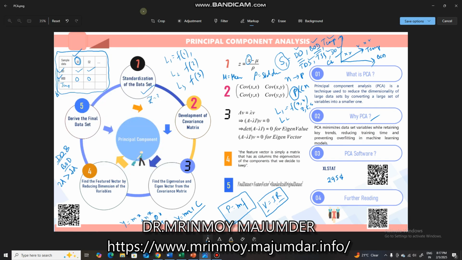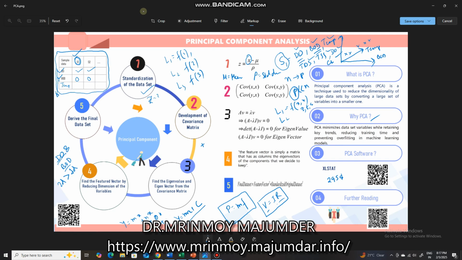So the next step is to find the covariance matrix. Here our dimension is only 2, so we will also have a two-dimensional covariance matrix. Now, if the covariance between two different variables, in this case DO and BOD, is positive, that indicates they are directly proportional. That means if BOD is increasing, then DO will also increase, so they have a direct relationship.